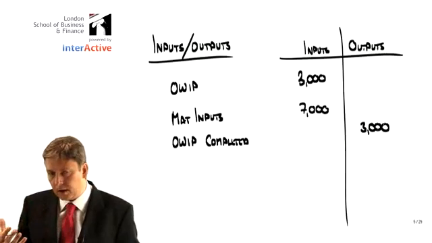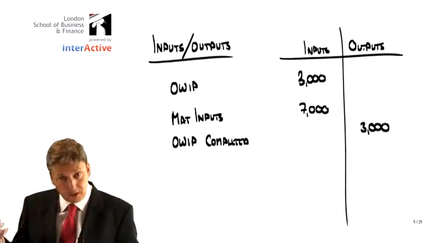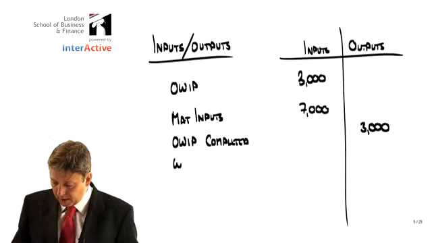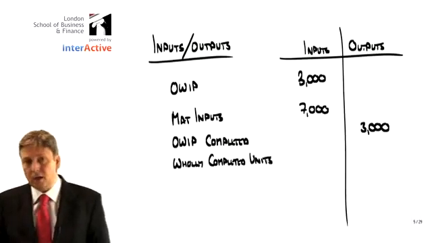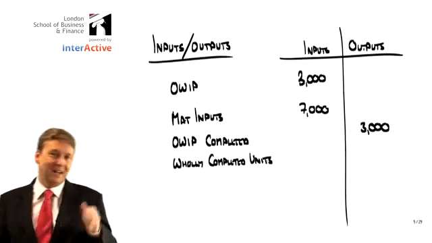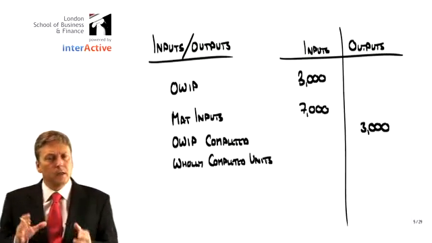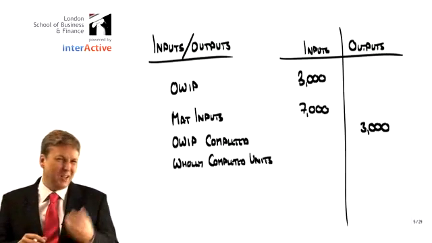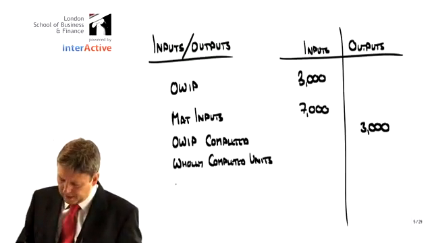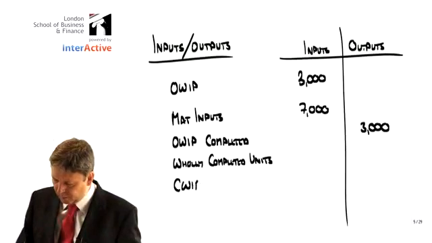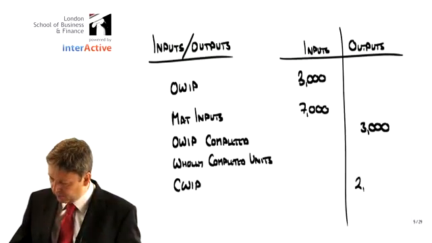Once we've completed those, then we would complete further units, what we would describe as wholly completed units. These are units that are both started and finished during the period. Note, of course, we don't know the wholly completed units until we've established the other values. Finally, we have CWIP, and we know that CWIP is 2,000.